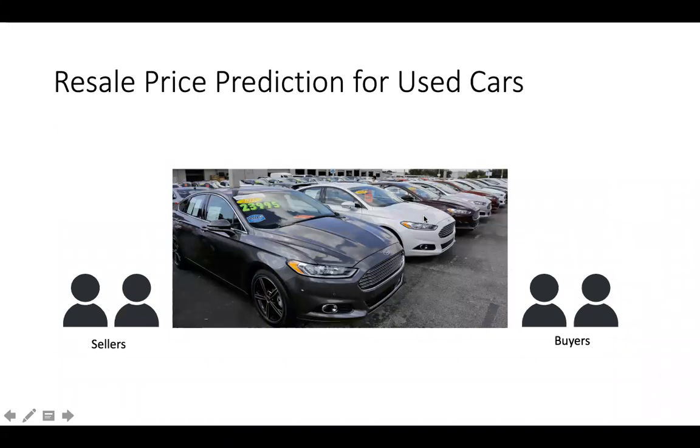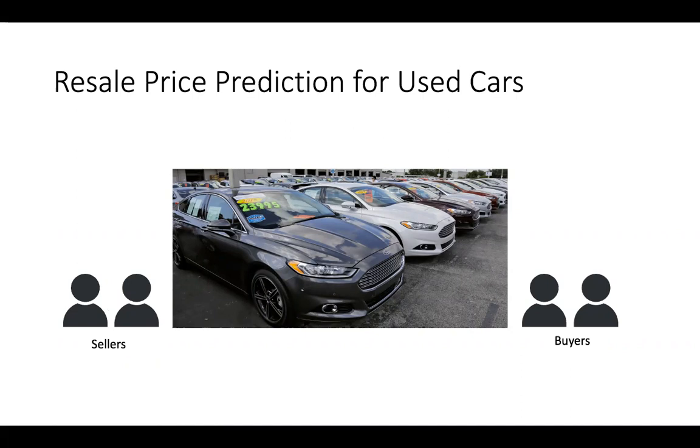Now, let's look at one simple example that we have already been discussing: the resale price prediction of used cars. The sellers upload the information about a car, and the buyers search and buy those cars. So here, can we create a feature to automatically estimate the expected sale price of the car?